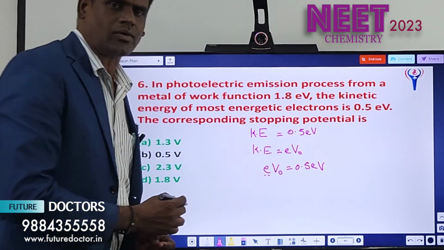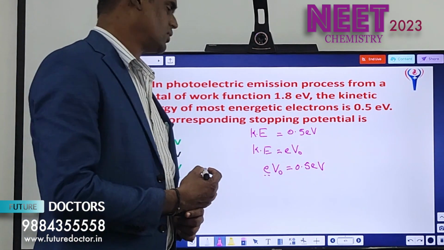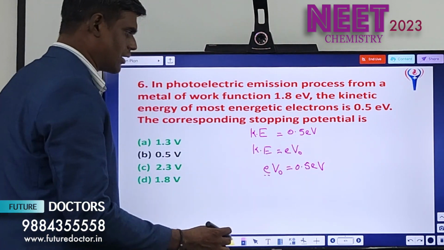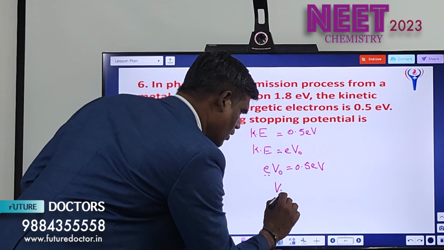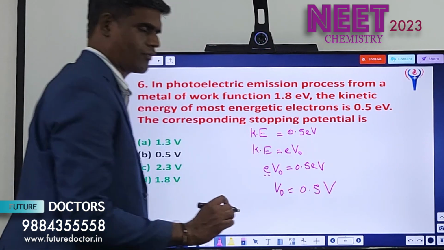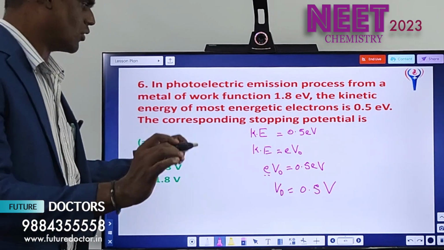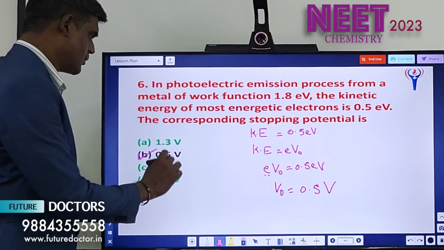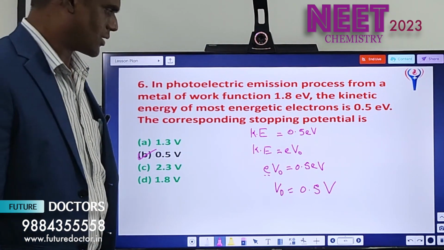This is the magnitude of the charge, that also 1.6 into 10 power minus 19. So those will get cancelled. Directly we can write V naught equal to 0.5 volts, just by replacing eV with volt. So what's the answer? Option B is the correct answer.